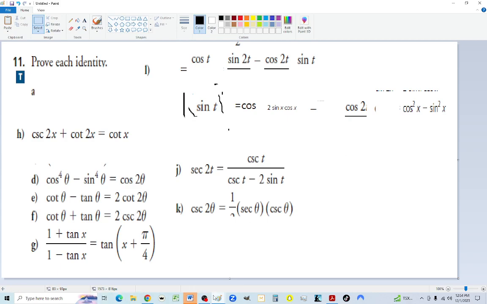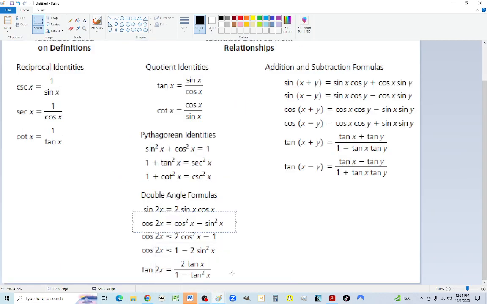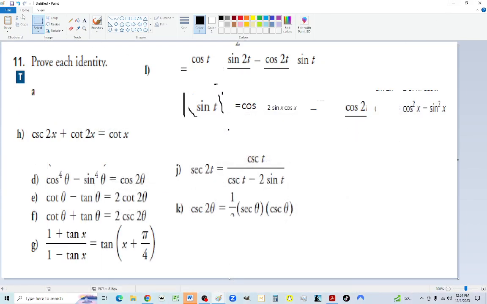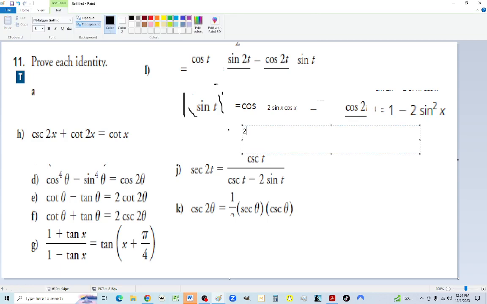Maybe right now, let's see if we're going to use one that's different. Probably this one. You get 2 sine x cos squared minus cos squared minus 2 sine squared cos squared.